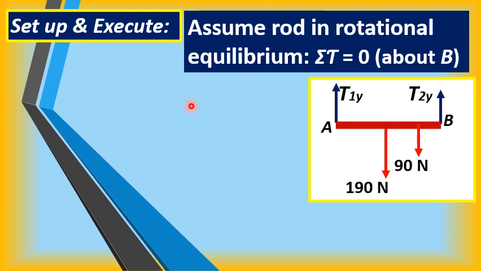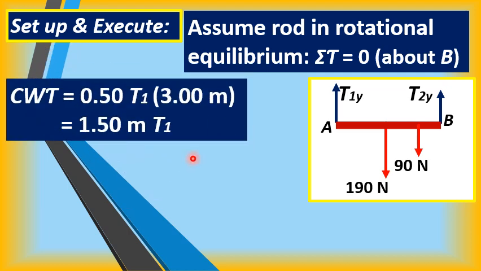We will now apply the principle of torque, which states that the net torque, or the total torque produced by all the forces acting on the rod, must be equal to 0, which simply means that we are assuming the rod is not going to rotate. So what is the torque principle?